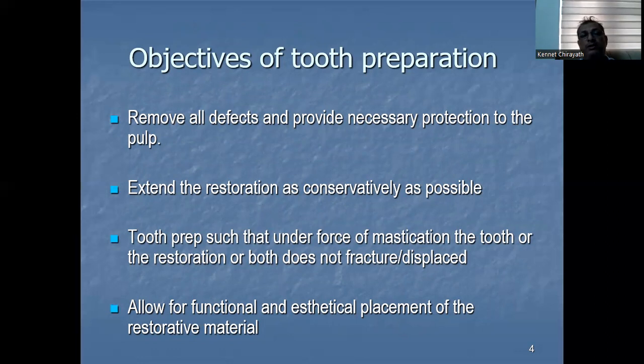Third, the preparation should be such that the restoration as well as the tooth should withstand the force of mastication. It should not fracture. So you should design the cavity in such a way that it does not fracture under the masticatory force. Then, allow for functional and aesthetic placement of the restorative material. So these are the objectives of the tooth preparation.